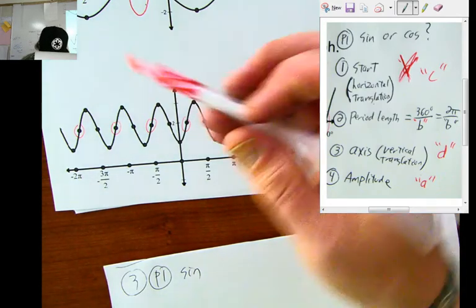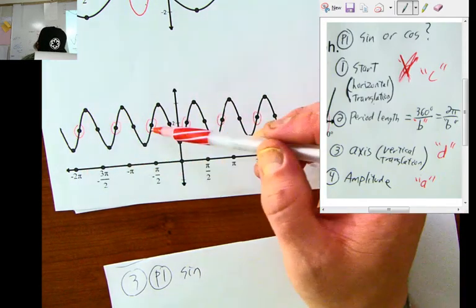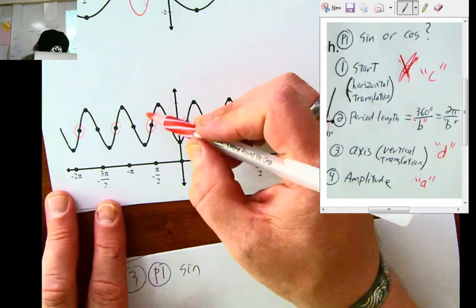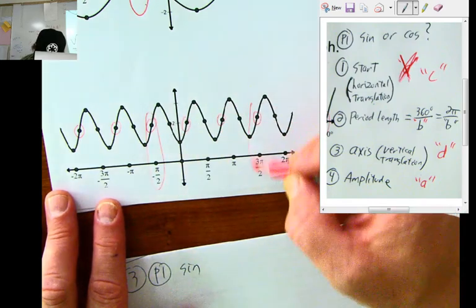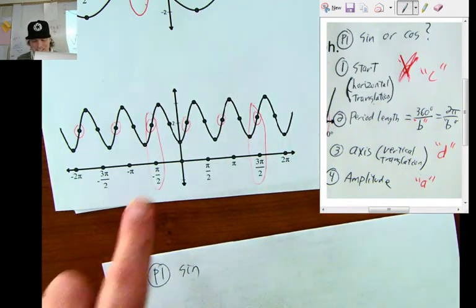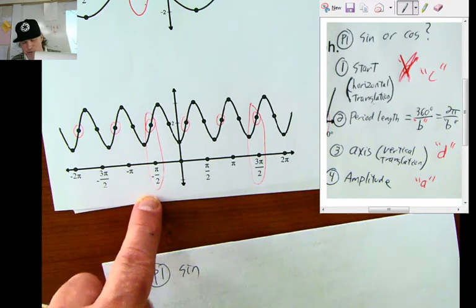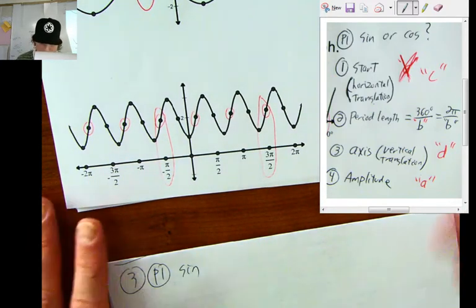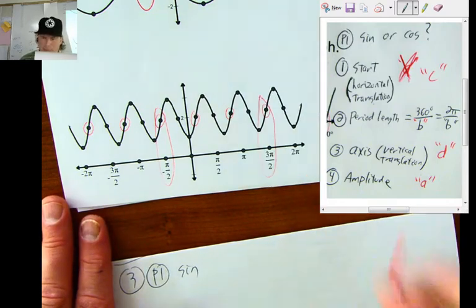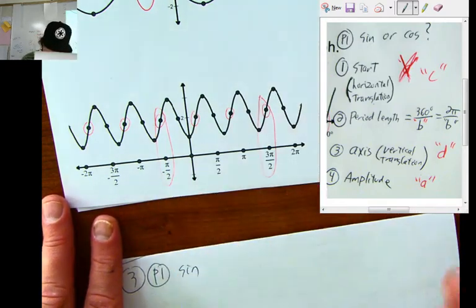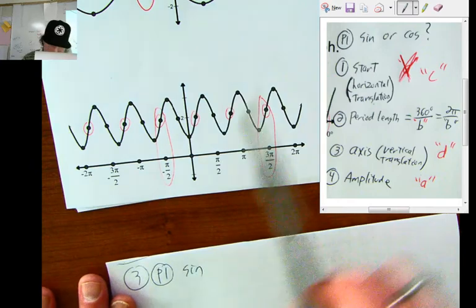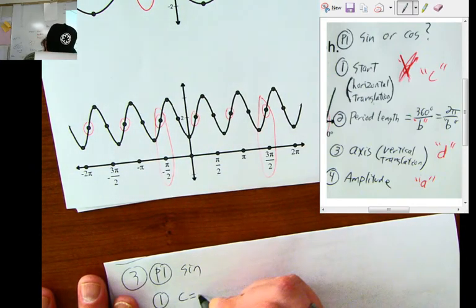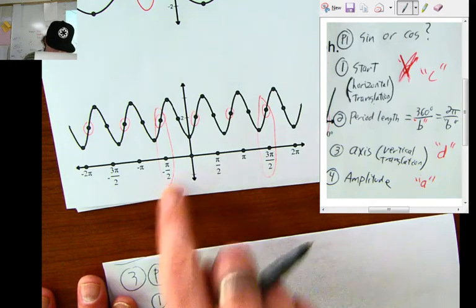And when I look at my x-axis, the only ones that I have clear values for are this one and this one. So I need to start my start point either at negative pi over 2 or 3 pi over 2 if I'm going to do a sine graph. If I'm going to do a cosine graph, I'd probably just start here at pi. Negative pi over 2 is a little closer to the y-axis. So I'm going to choose C to be negative pi over 2 for that horizontal shift there.